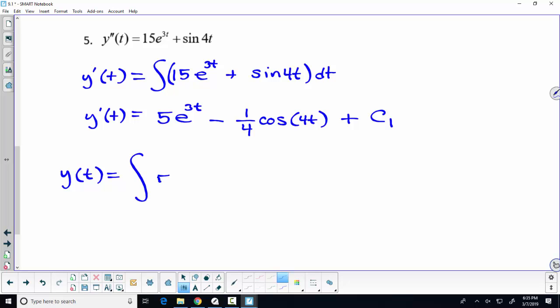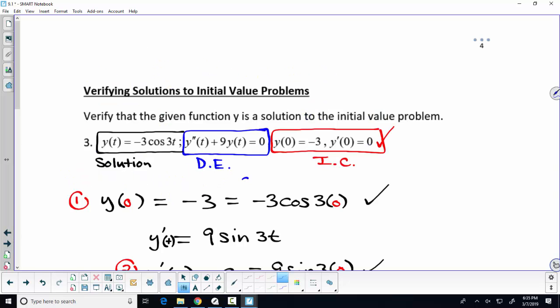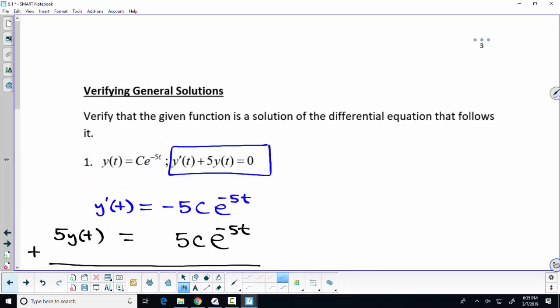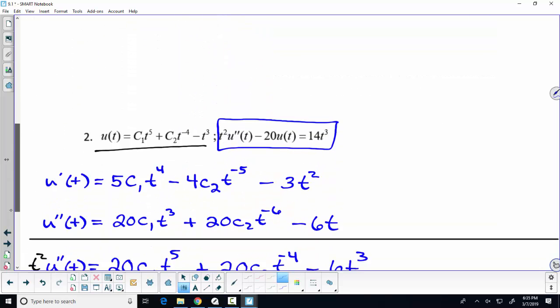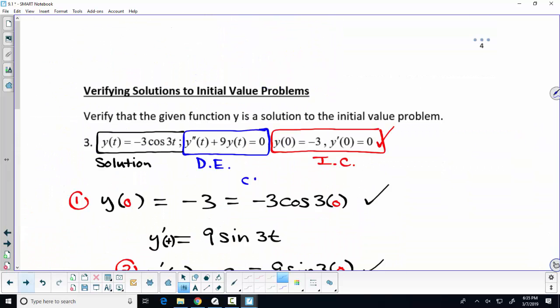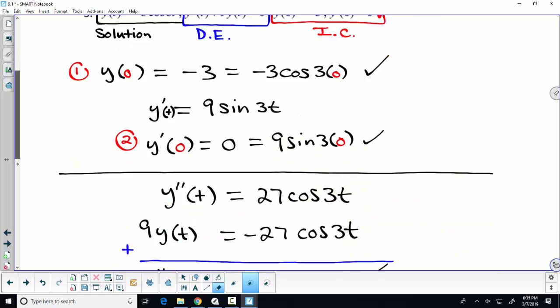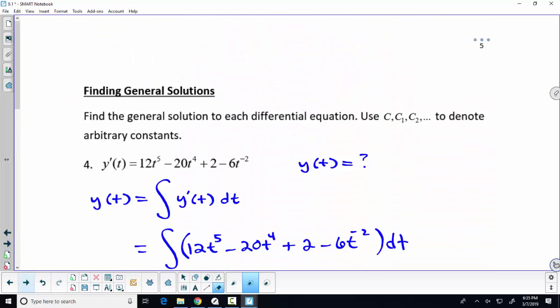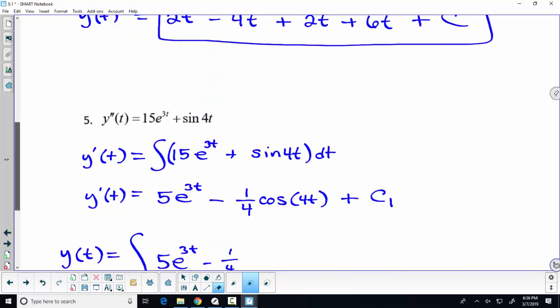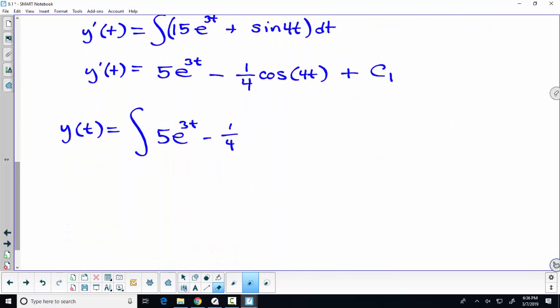So the antiderivative of 5e to the 3t minus 1/4 cosine 4t plus c1 dt.